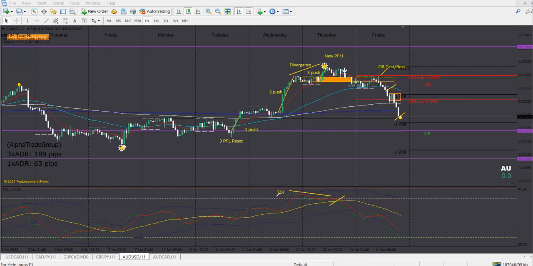You can also see the divergence here. You can see you've got your multi-session M building up here. You have your divergence here with the TDI. And yesterday, this thing crossed over, and I marked it here so you can see.